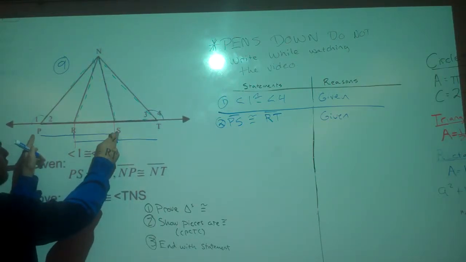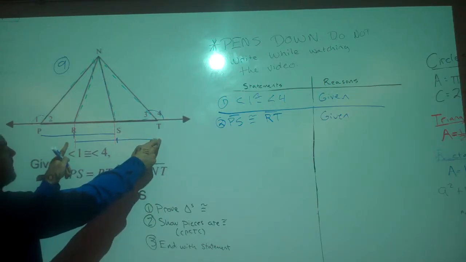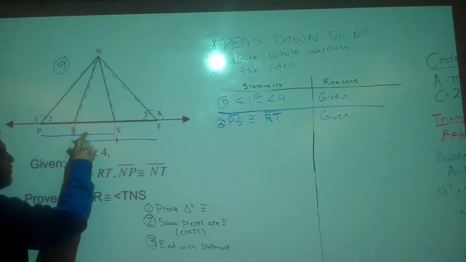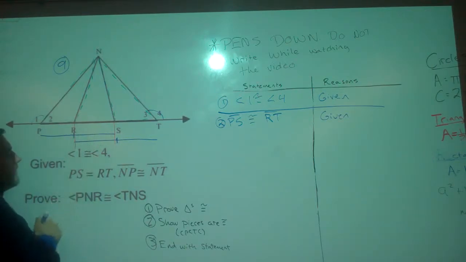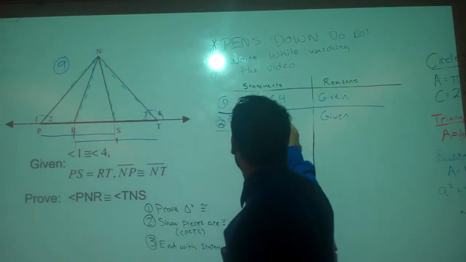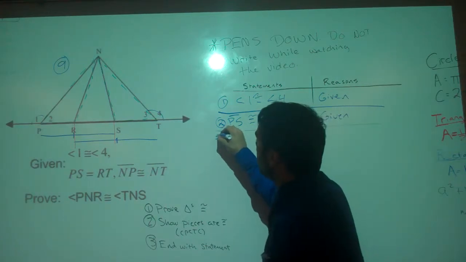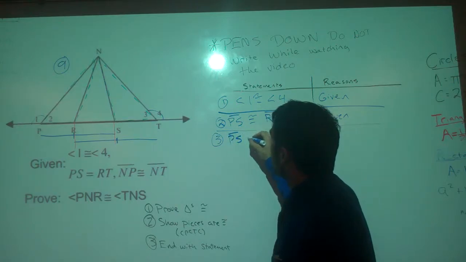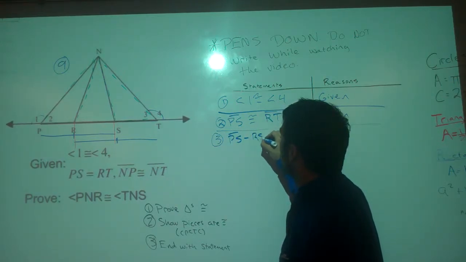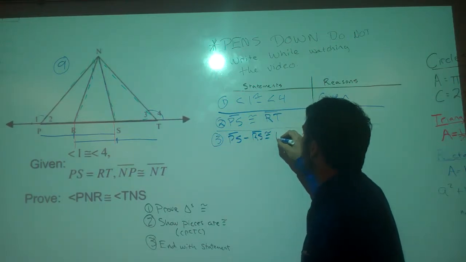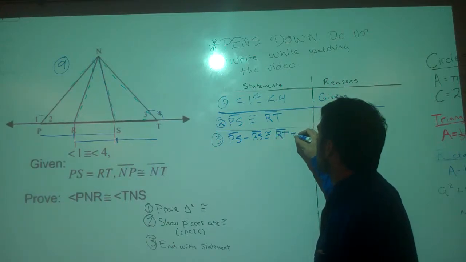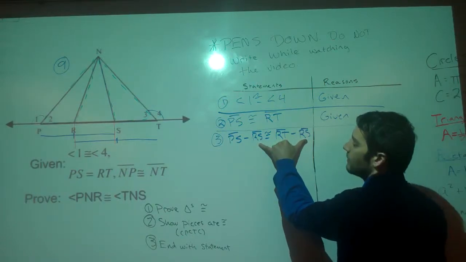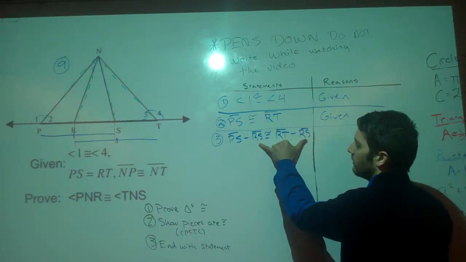So instead of using numbers, I'm going to be able to say that in a proof. I'm going to say if the whole thing PS is the same as this one, RT, which is already there, then I can subtract the one in the middle. I can get rid of the same one, and the pieces that are left should be the same. So I have PS take away RS is the same as RT take away RS. And notice I'm taking away the same amount from the two pieces.